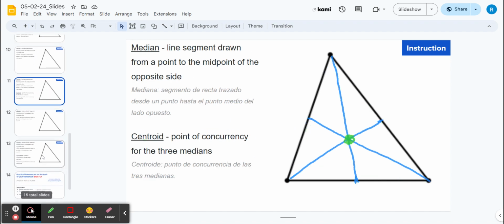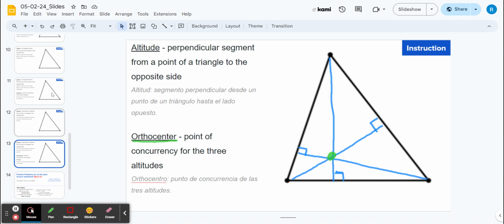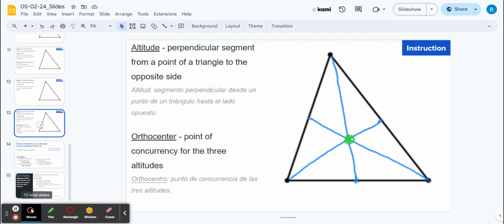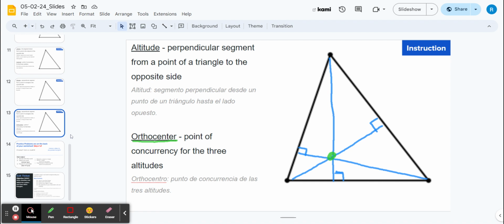The centroid and orthocenter, differentiating between those two is a little more difficult. I typically think of the centroid as the pure center of the triangle. If you look, we're going from point to midpoint, so it makes sense that it gets centered in our triangle the best. And then the orthocenter doesn't have any connection to our circles, but does still give us an indication of a center point.